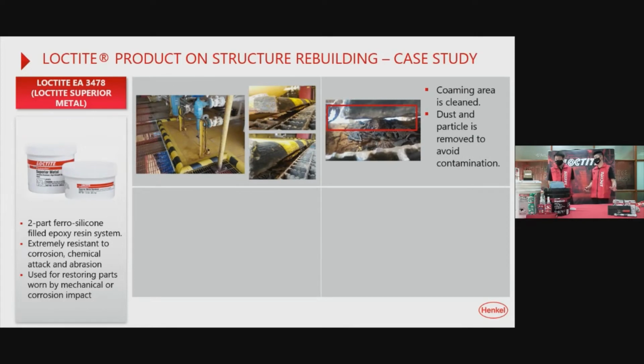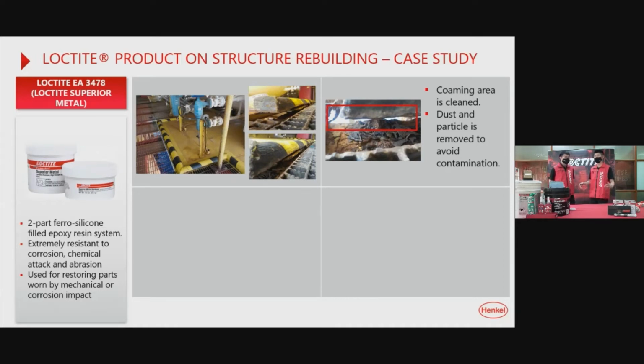You can see this is a common area on an offshore platform or oil and gas platform. Previously, the highlighted area in the red box was corroded over time by saltwater vapor attacks, causing some metal loss.